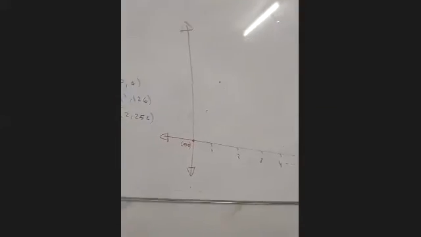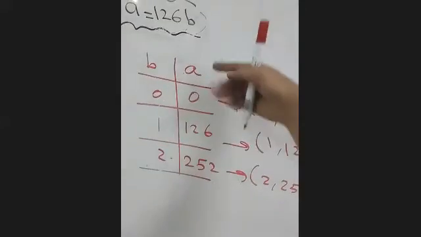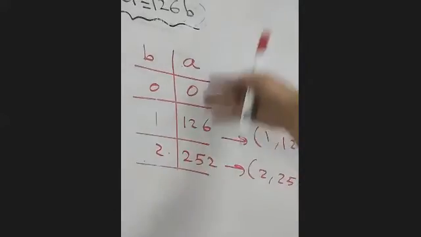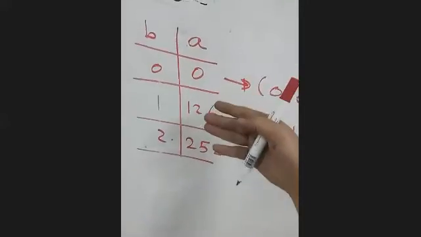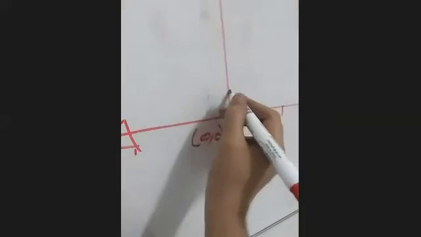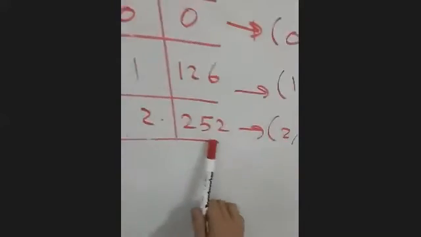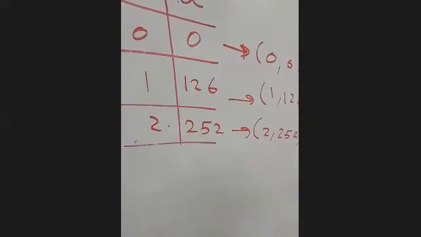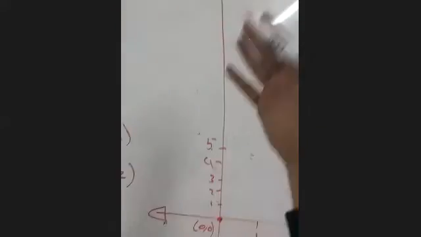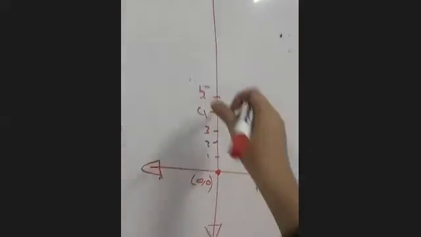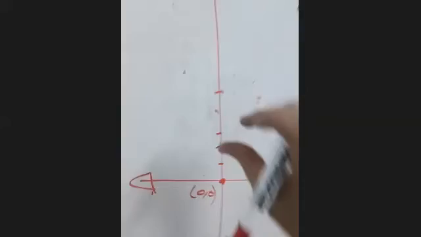Now here will be the values for the dependent variable. I have 0, 126, 252. But I cannot count 1, 2, 3, 4, 5 until I get to 252. It will be so long and so difficult, right? I can make jumps.